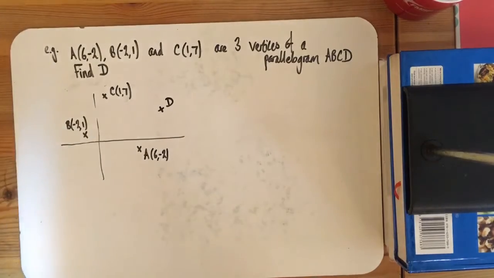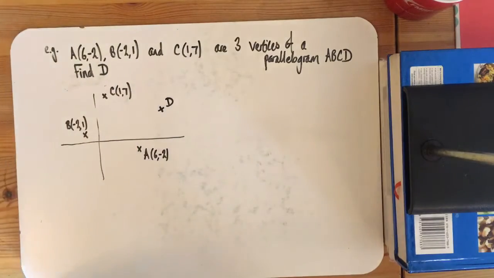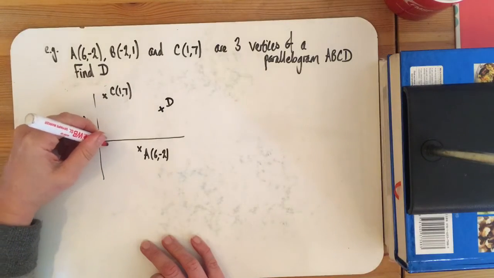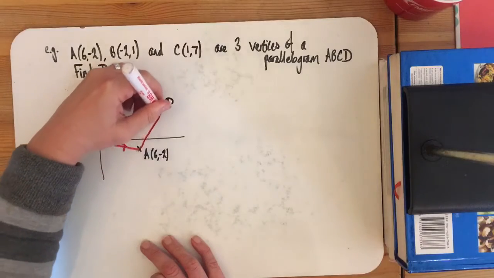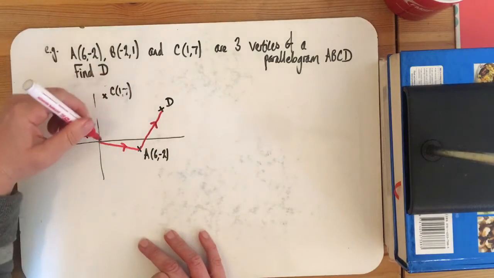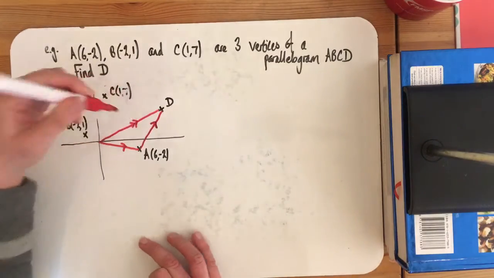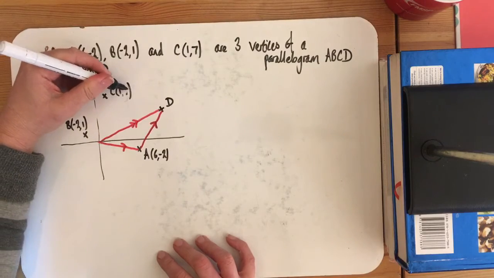and we want to find the coordinates of D, and we want to work with vectors because it's a vectors question. So I totally take on board that you could just look at the coordinates and work it out. But if you're working with vectors, you travel along vectors. So we're going from the origin to A, and then we're going from A to D. And the result of this, sorry about the smudging, is that you get the position vector of D, which is OD.